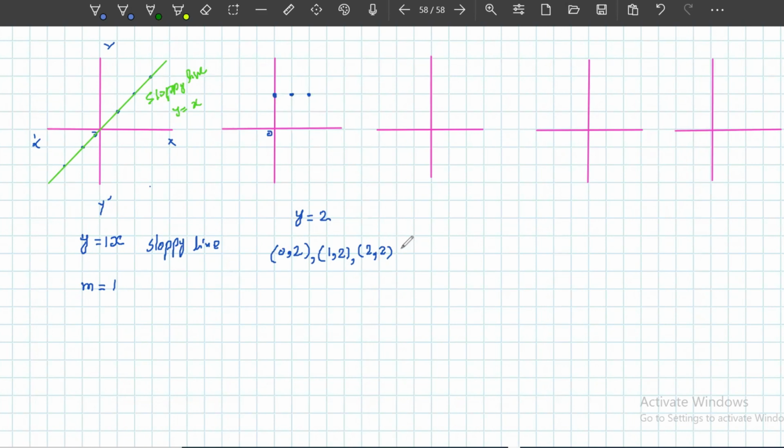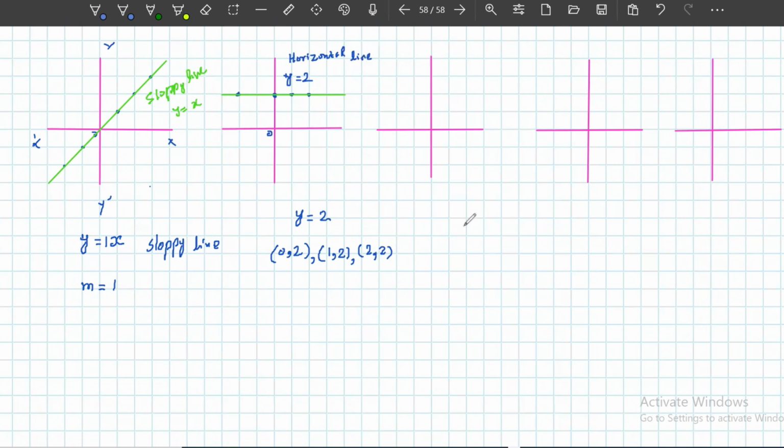Same if you want to check -2, and this 2 is fixed, so 2 units left and 2 units up. If we connect all these points, you will see it's a horizontal line like that. This line is called y is equal to 2, or a horizontal line. I hope it is clear.